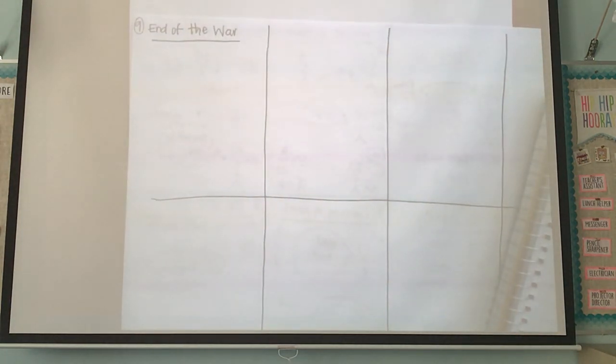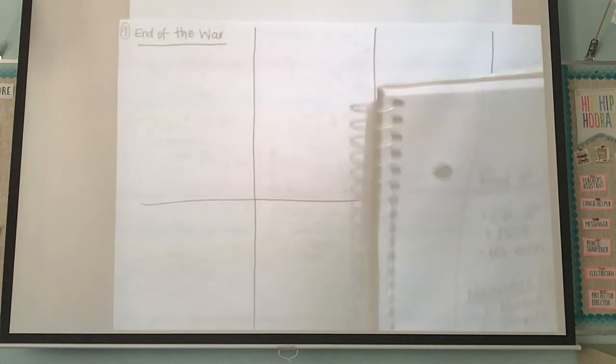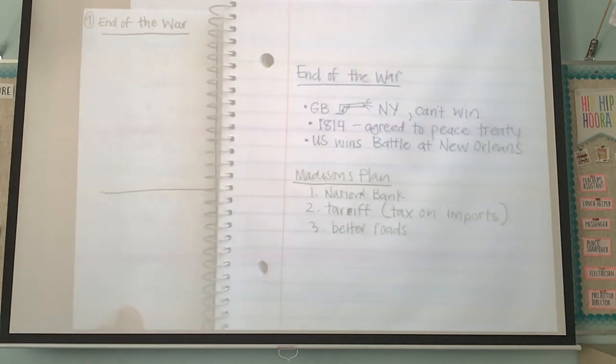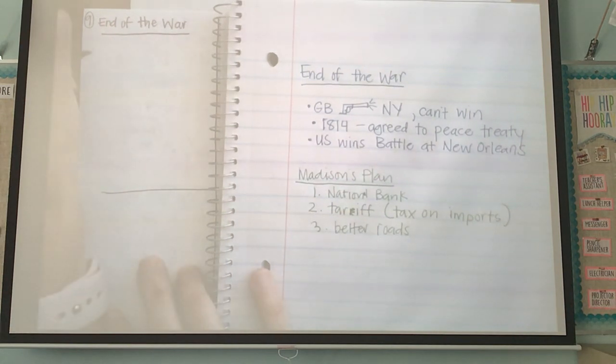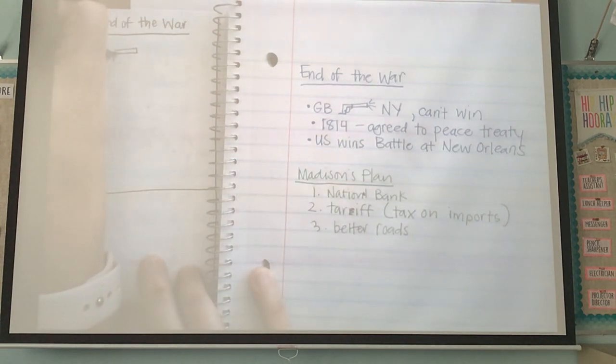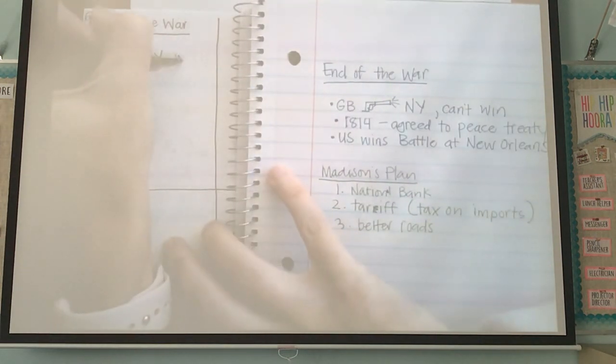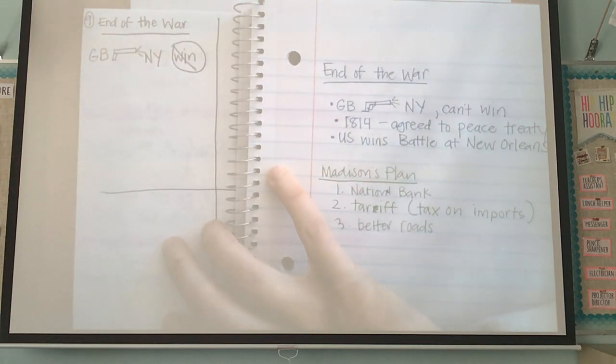So I'm going to do GB, and I'm going to keep my attack symbol, New York, because I can draw it faster than I can write it. And for can't win, you're probably thinking the same thing I am, that I can use my not symbol. So I'm going to put win in a circle and draw a line through it.